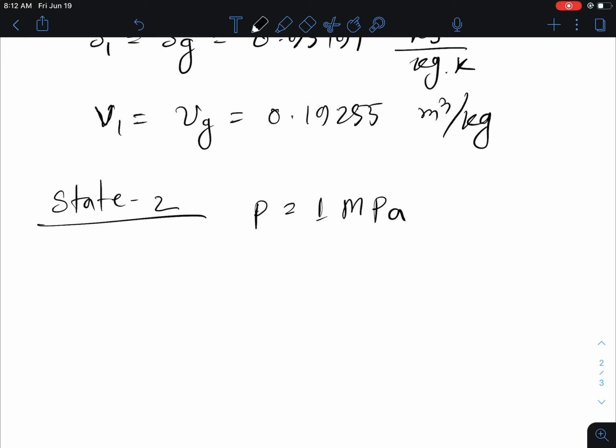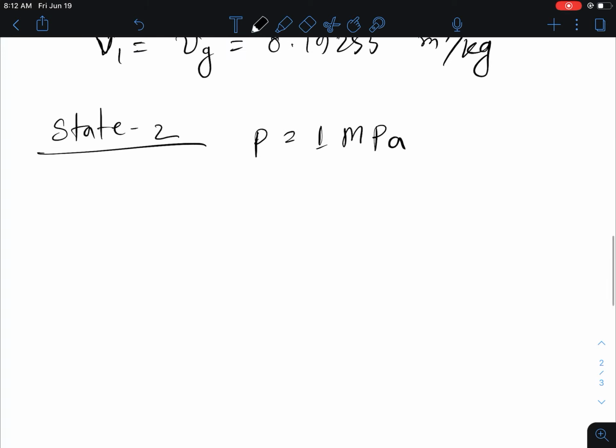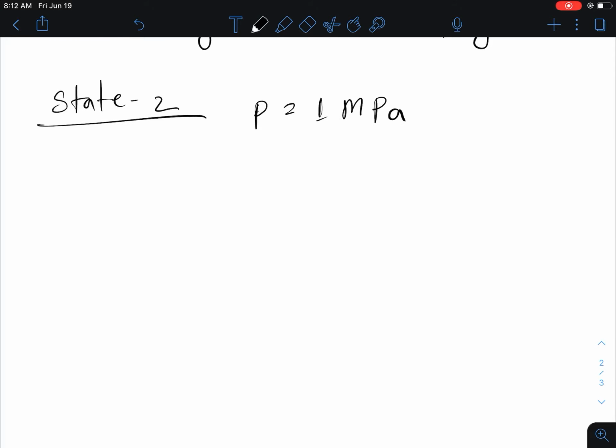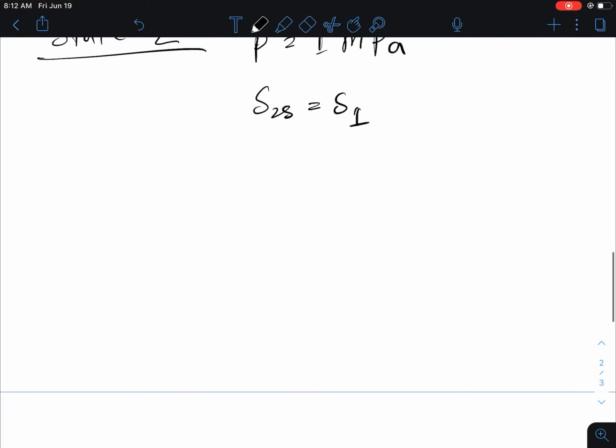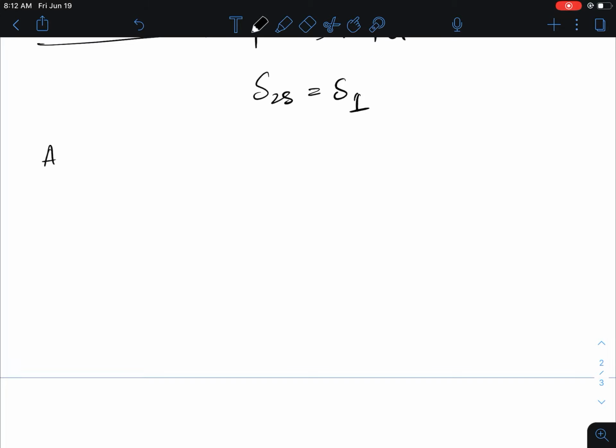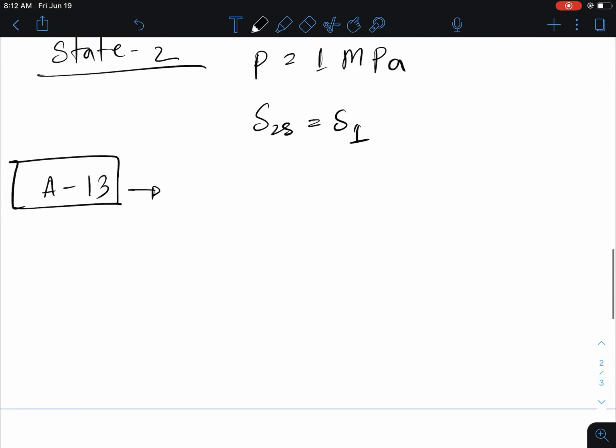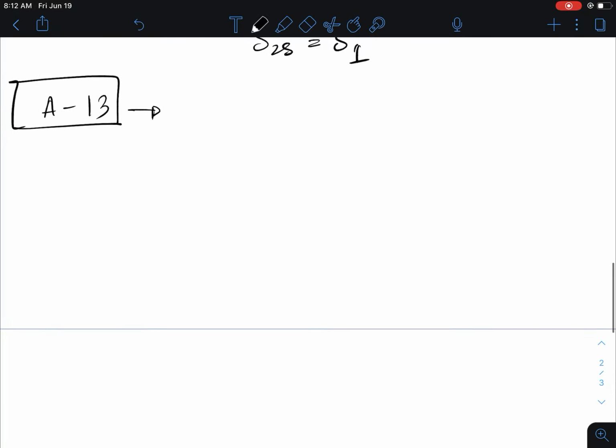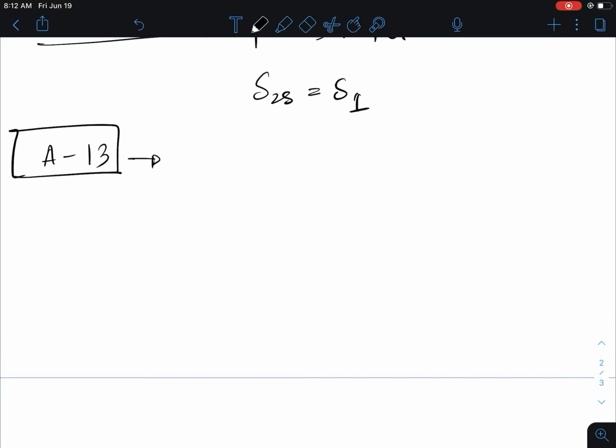Similarly, if we use table A13, we'll get the isentropic efficiency. That means that S2S equals S1. So if we get all those values from table A13 with respect to the pressure, we'll record some of the information.